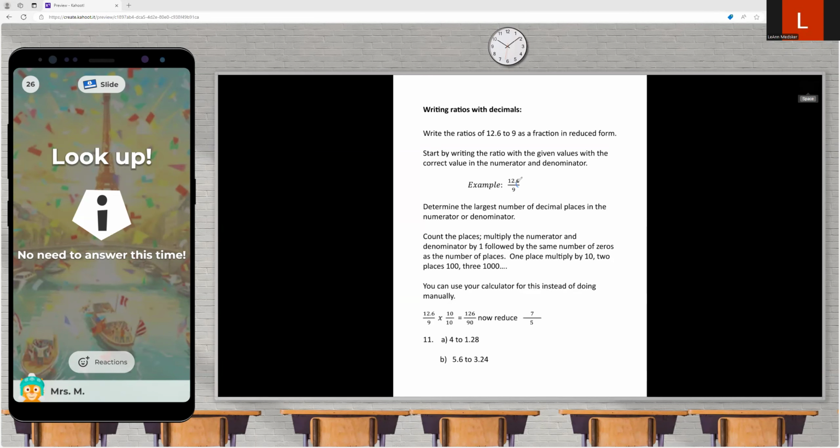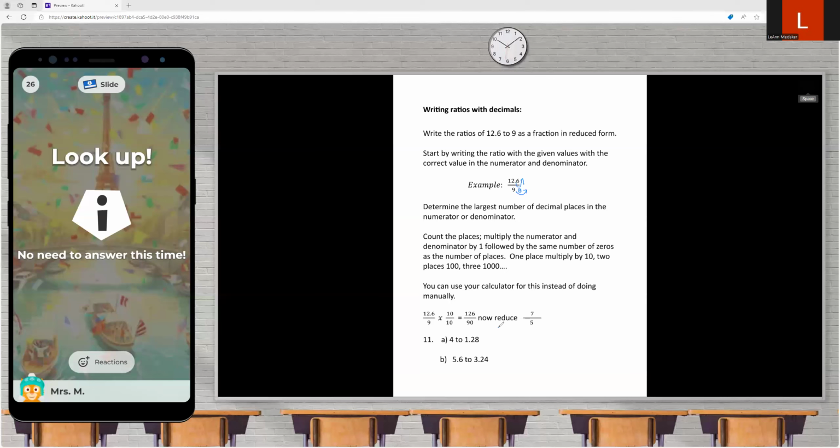So that would be moving that one place to the right, as long as you do the same thing on the bottom. So that would be now 90. You have to add a 0 there. So that's how you fix that. Then you would see if you can reduce the fraction. Okay. So it looks like it reduces by something. I used the calculator. So it's 7 over 5 is what 126 over 90 reduces to.